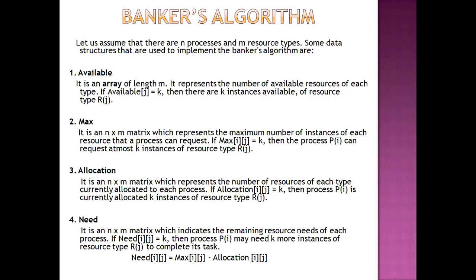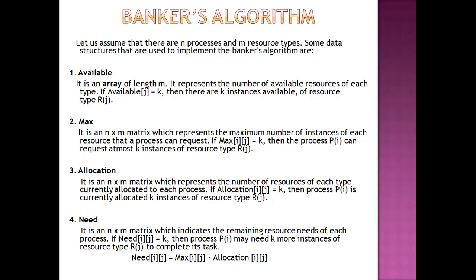So if need[i][j] is equal to k, then process Pi may need k more instances of resource type Rj to complete its task. It means there are 10 printers and a process's maximum need is 7 printers, and currently it has been allocated 3 printers, so to complete its execution it needs 4 more printers.